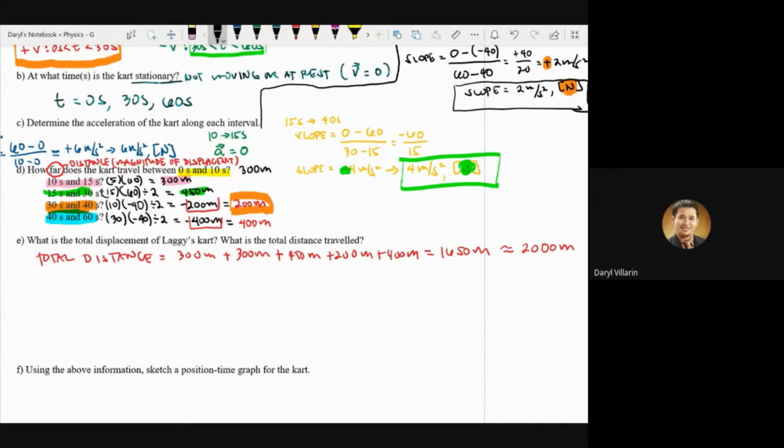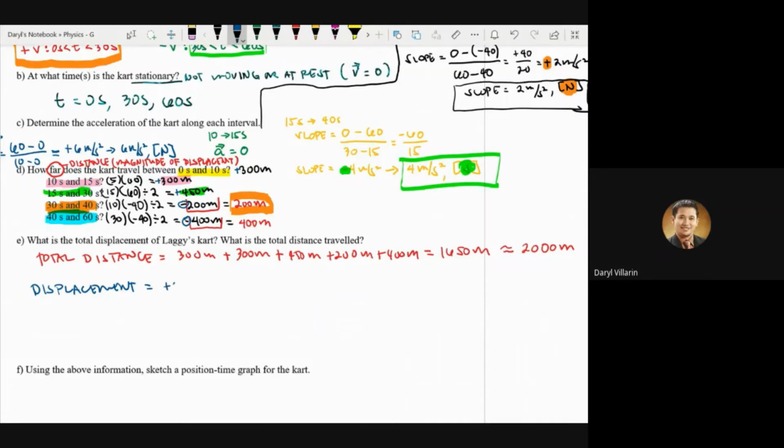Now, to get the displacement, you're gonna take the positive value as the north here. So you're gonna take into account the negative and the positive sign.